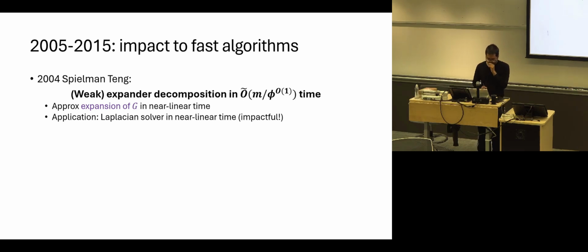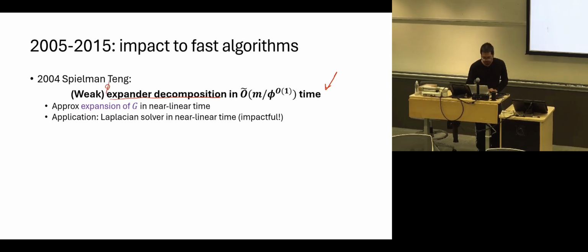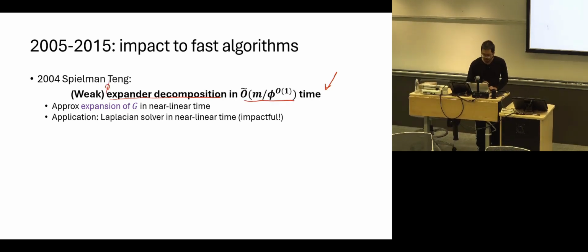So okay. The key thing that they show in their work is the first expander decomposition, like phi-expander decomposition, whose running time is something like near linear if phi is not too small. If you think of phi as 1 over polylog, then this would be near linear.